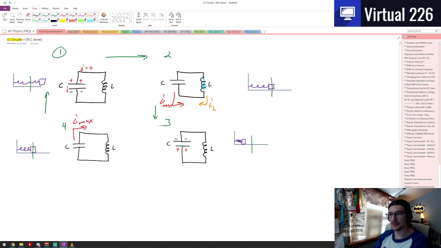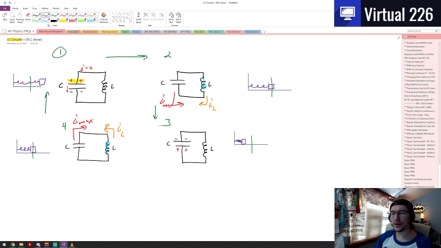And when they do that, we're going to get the same kind of B field effects, induced B field, and then we're going to get an induced current out of this. And when that happens, we're going to get back to this initial phase here. So we're kind of going around in a big loop here, over and over again, which is exactly what the back and forth of the mass spring system did.